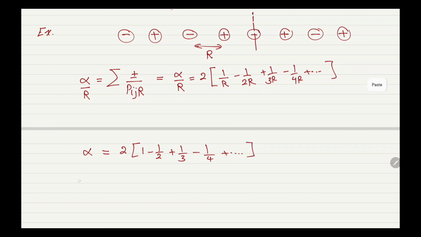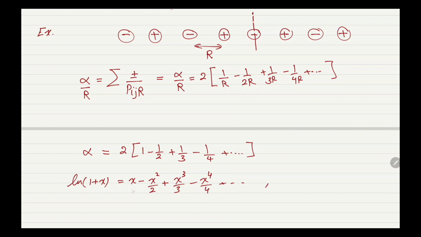If we use the series ln(1 plus x), it is equal to x minus x squared over 2 plus x cubed over 3 minus x to the fourth over 4, and so on.